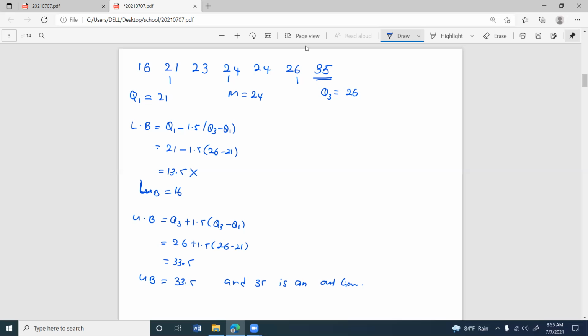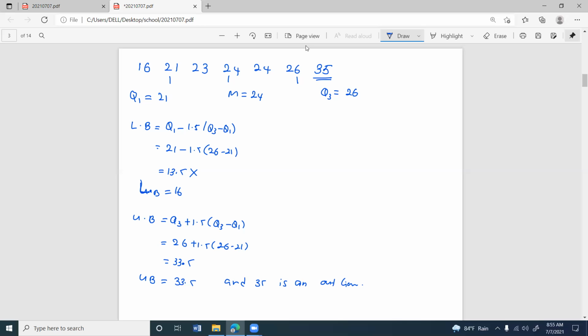Yeah, that's correct. 1.5 is a general value, right? If they do not specifically mention to which extent you need to use, you can use 1.5. But there are some situations where we narrow down or extend this information. In those conditions, they say what figure to be used. There are some situations you use 2 instead of 1.5, or 1.8, 1.75, 1.25, sometimes only 1.